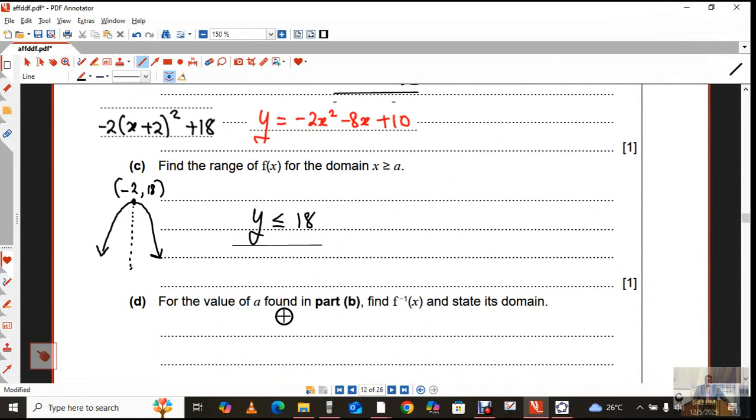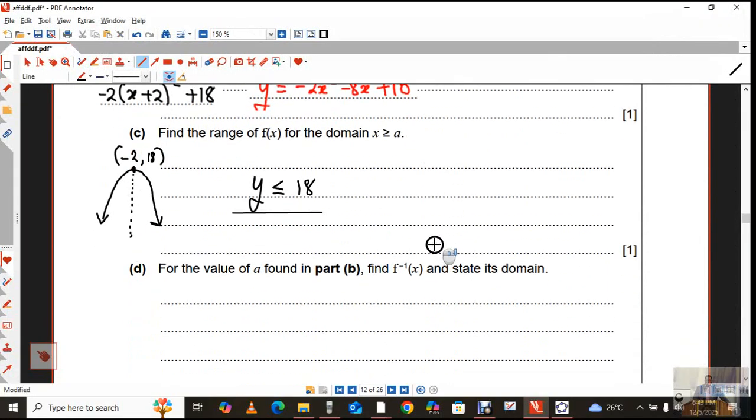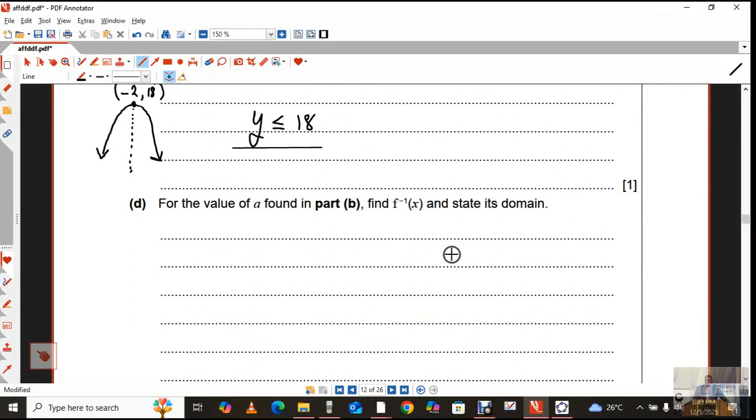Now they say for the value of a found in part B, you need to find the inverse and state the domain. Now I don't need to do the second part. The second part doesn't really depend on the first part here. Why?